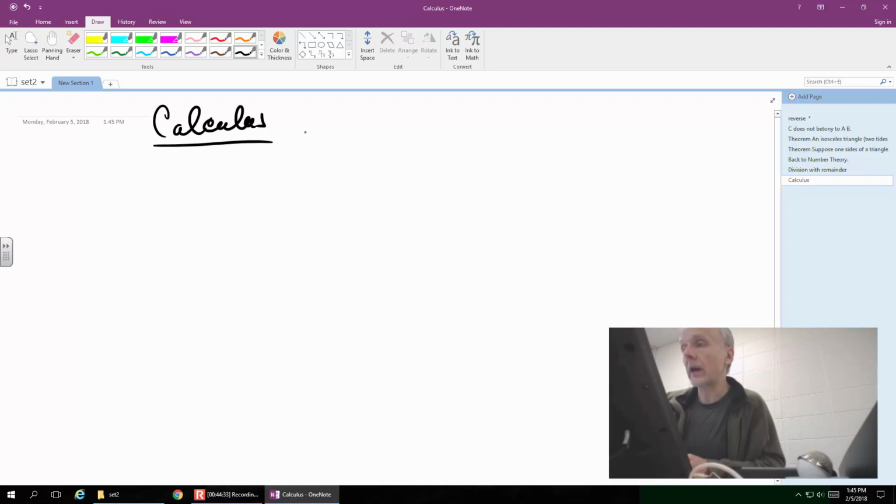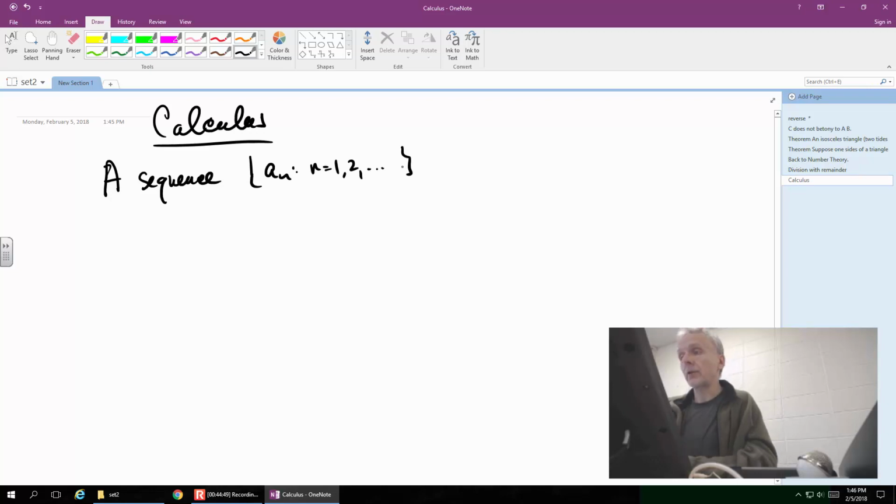Well, this one actually usually appears in calculus 2, limits of sequences. So suppose we have a sequence, say a_n. Be careful with the notation of sequences.